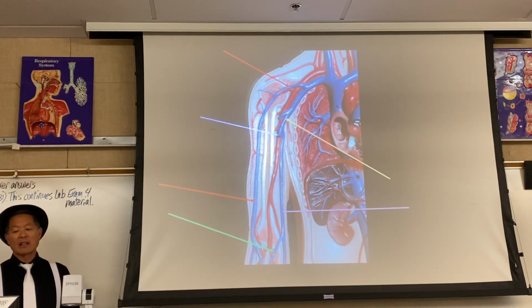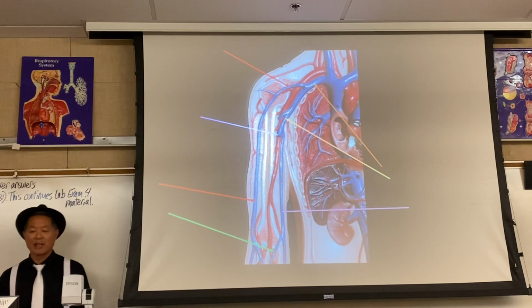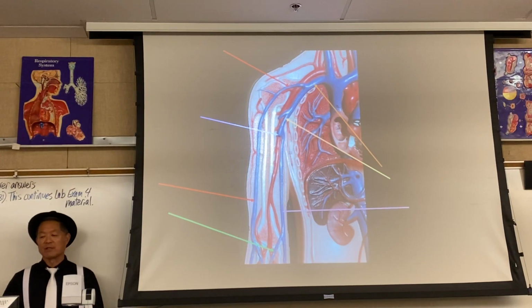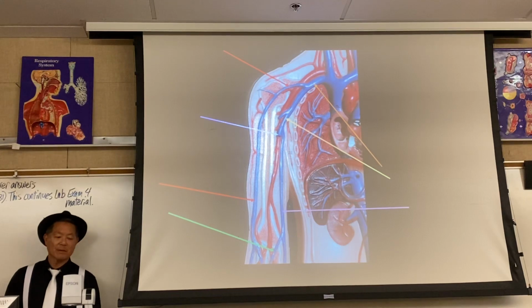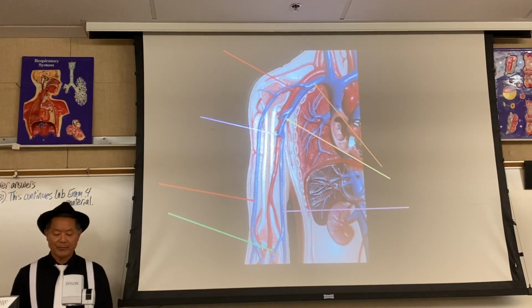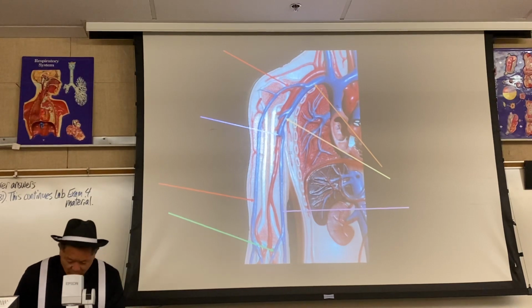Then at the level of the clavicle, the cephalic vein goes deep, and then it changes name again. Now this is underneath the clavicle. So what is the orange arrow called? Right subclavian vein. And that is 41R.